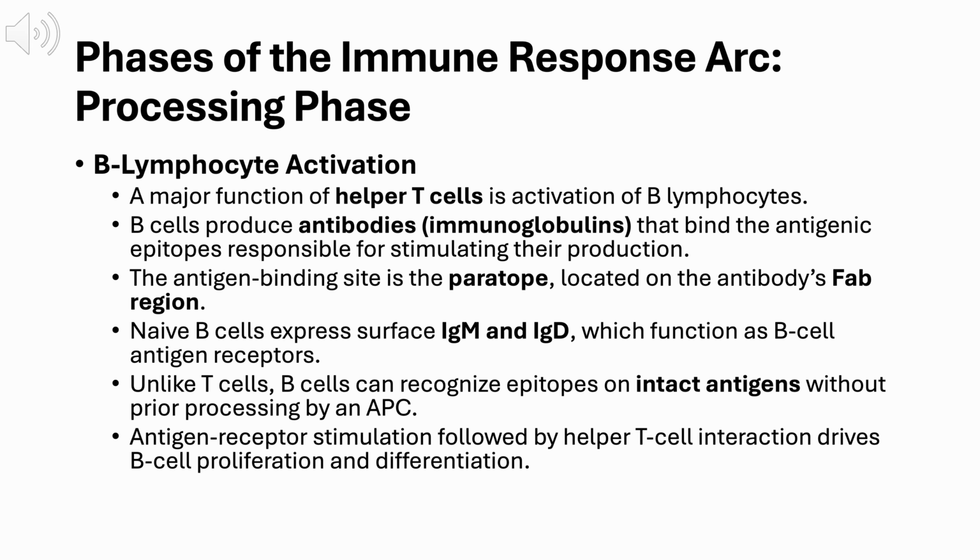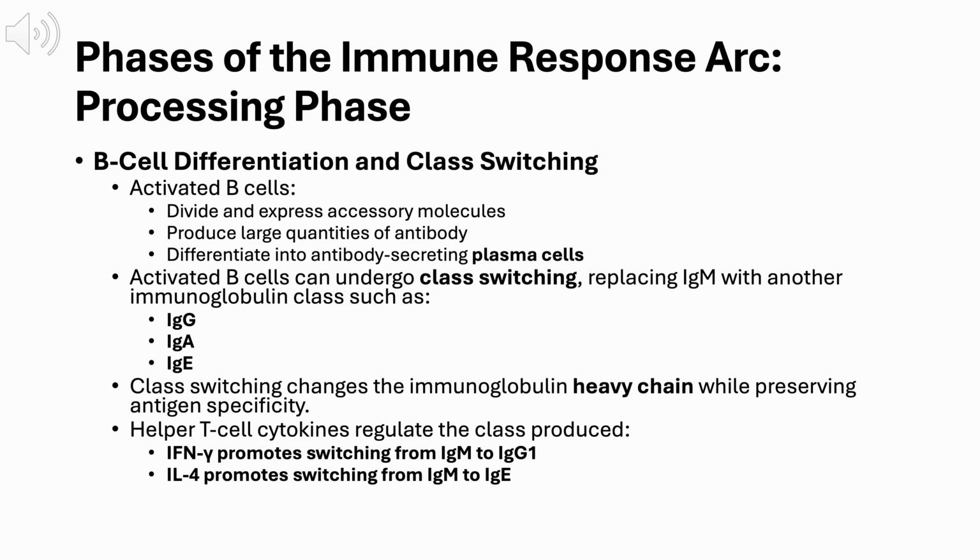But recognition alone isn't enough for a full response. Antigen receptor stimulation, followed by helper T-cell interaction, is what drives B-cell proliferation and differentiation. This is the T-B collaboration at the heart of antibody responses. Once a B-cell is activated, it transforms.